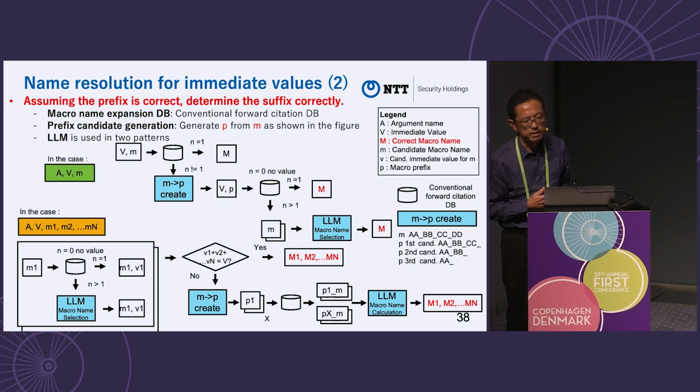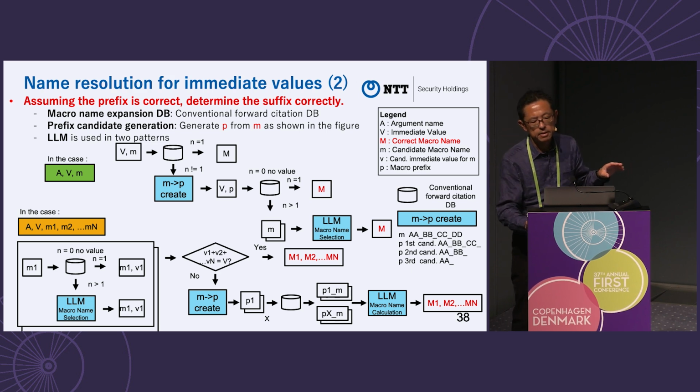Number 3, using the LLM, macro name selection and macro name calculation functions we prepared. There are two cases: one where there is one macro for an immediate value, and the cases where there are multiple macros, as shown in this diagram.